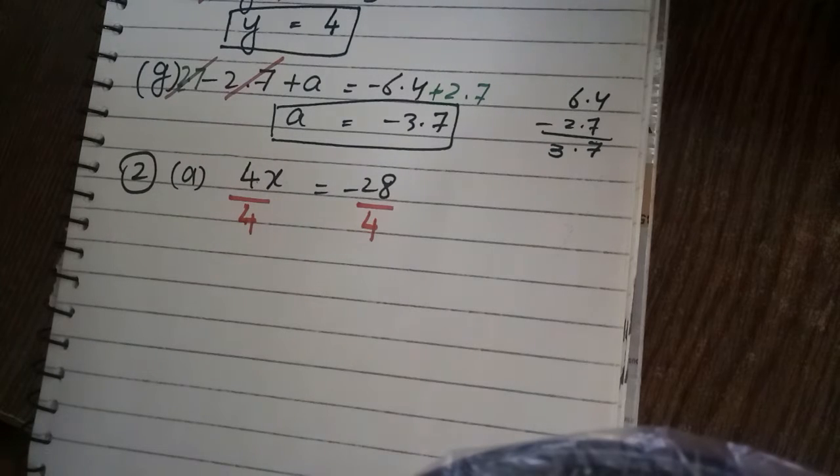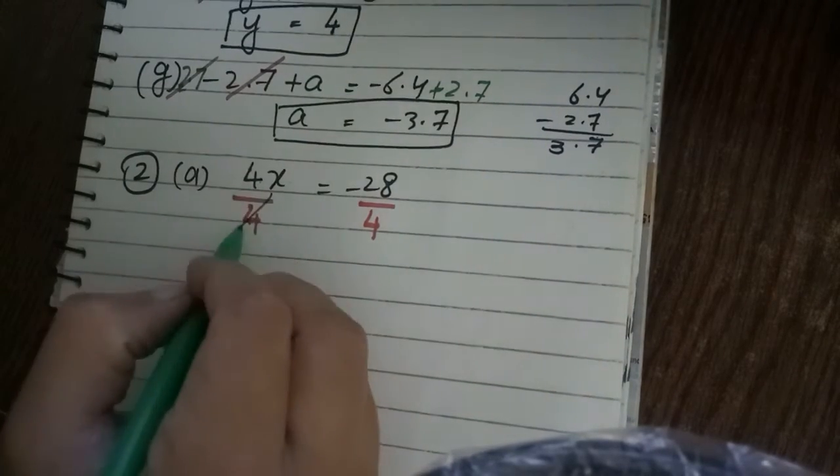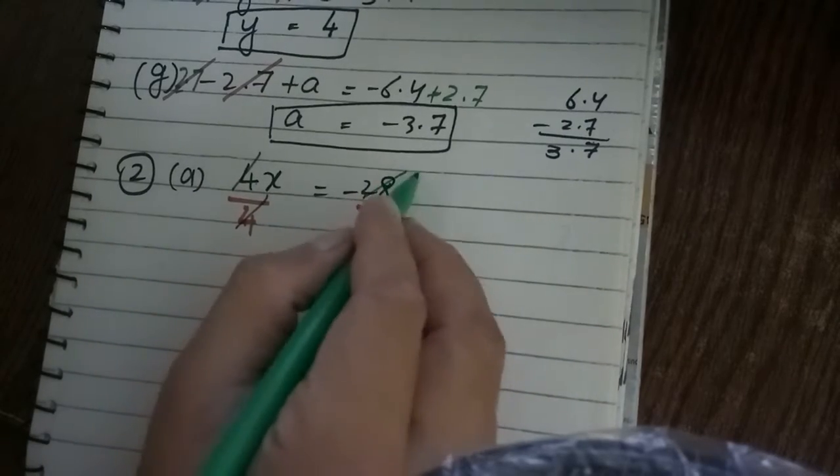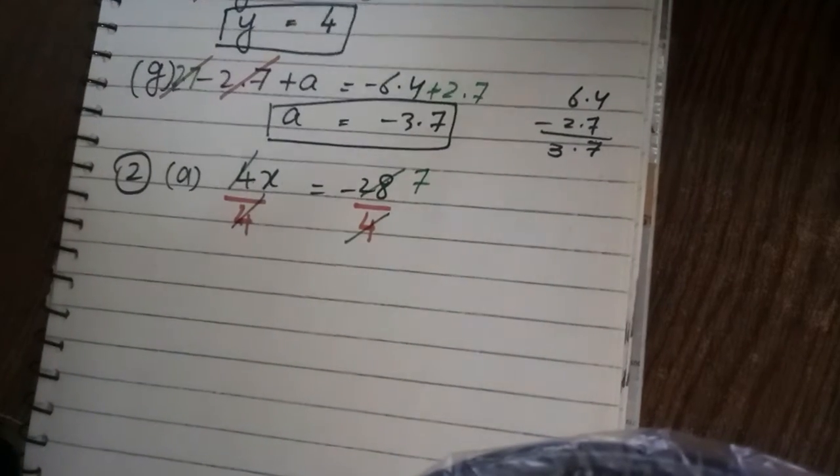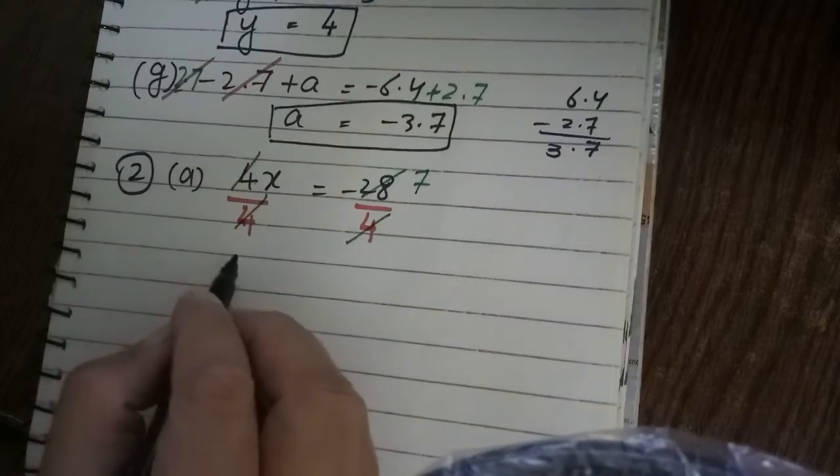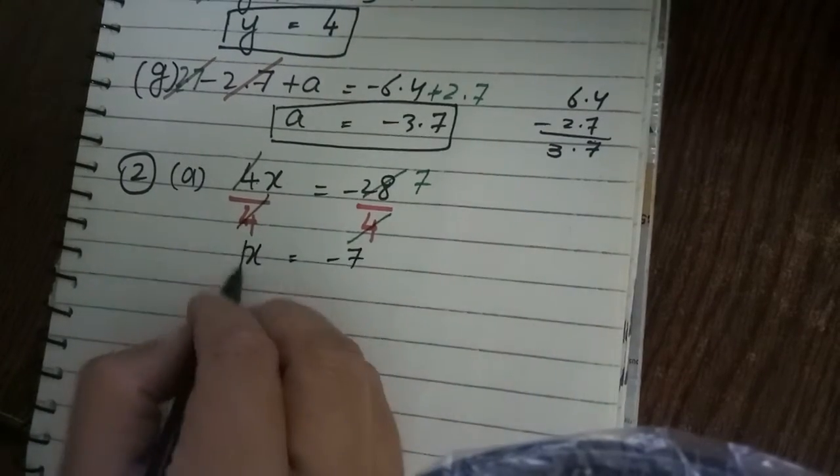If we do one operation on the left hand side, we have to do the same operation on the right hand side in order to keep it balanced. So 4 cancelled. Similarly 4 7s are 28. So the answer is x equal to -7.